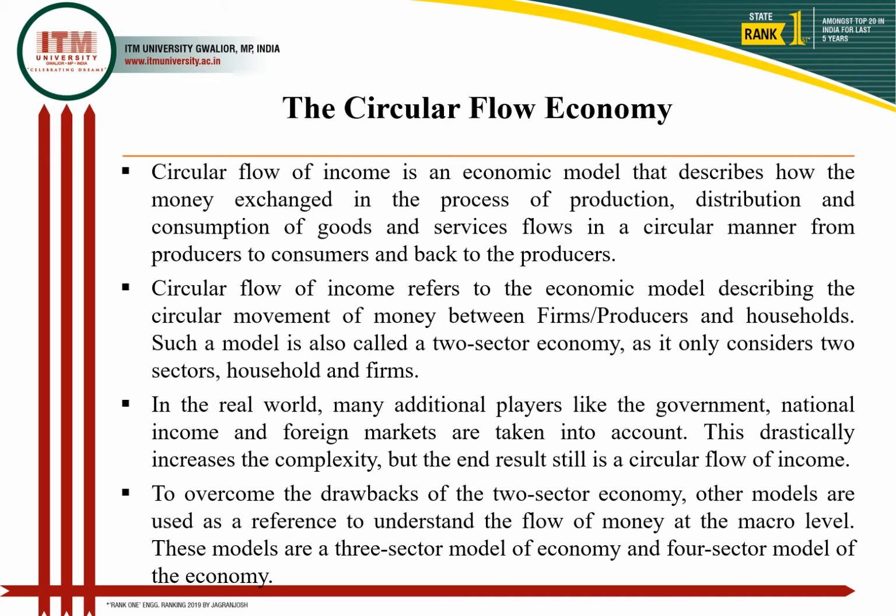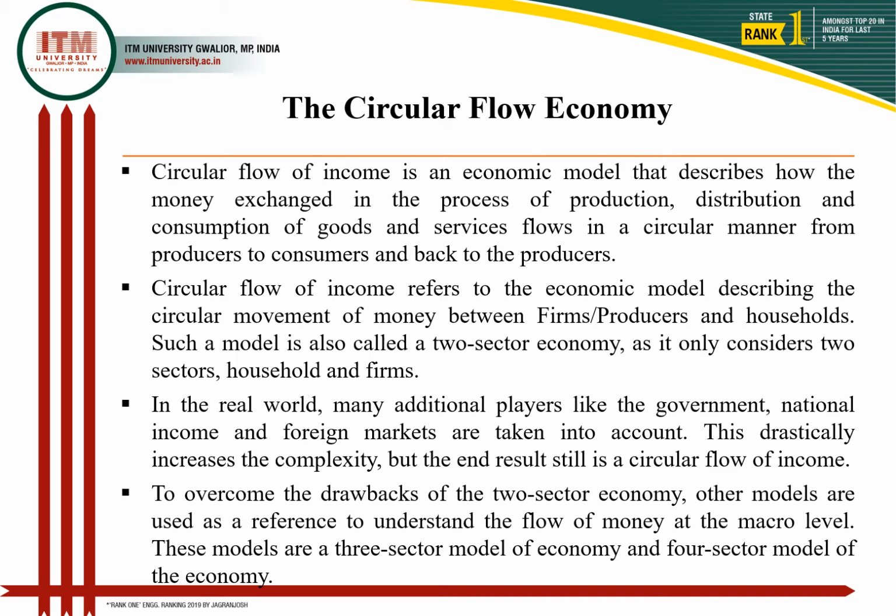The circular flow of income is an economic model which indicates how money moves from producer to consumer, or from a firm to the household. Firm you can take as a producer, and household as a consumer. This is the simplest way to explain the two sector economy, an economy where only two things exist, households and firms.